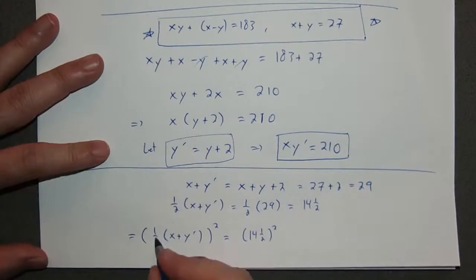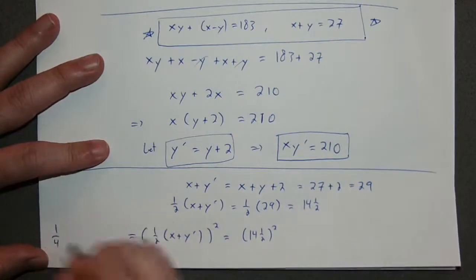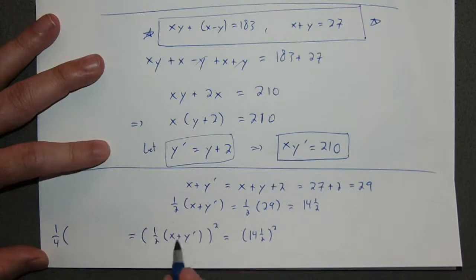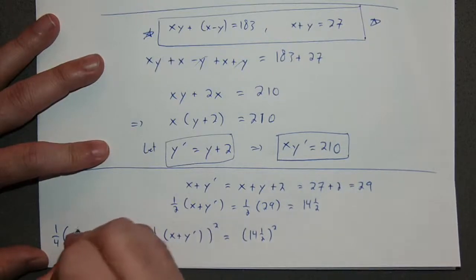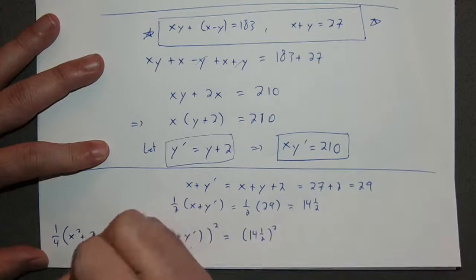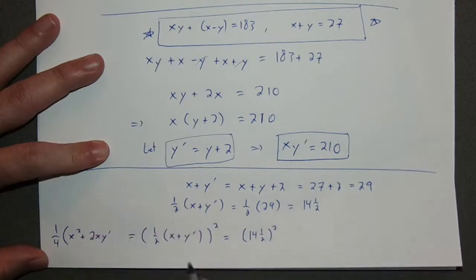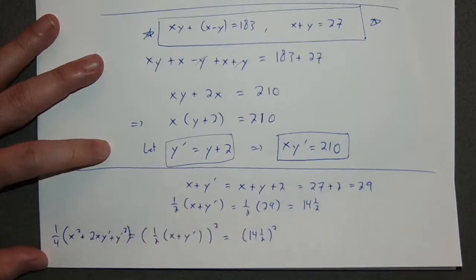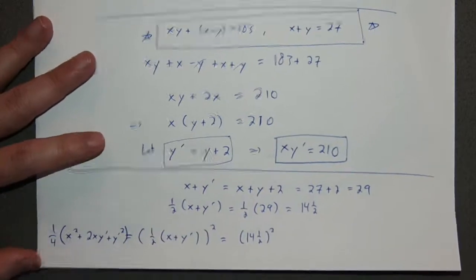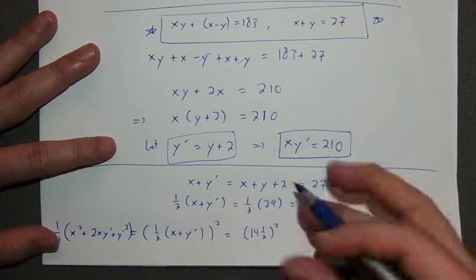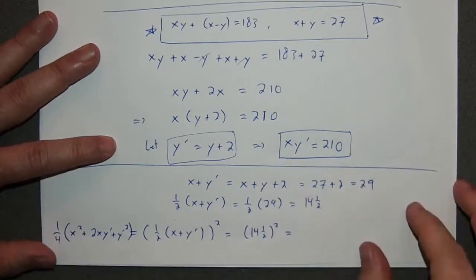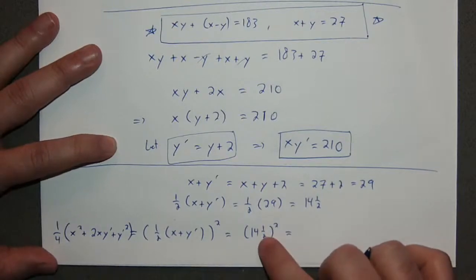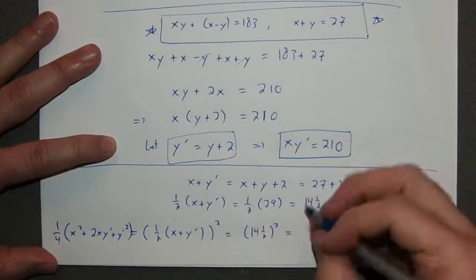This is squaring the 1 half, which is 1/4. So that's 1/4 times, squaring this, of course I have to FOIL this out, so this is x squared plus 2xy prime plus y prime squared, all over 4. Squaring 14 and 1 half, the scribe does this and gets 210 and 1/4.